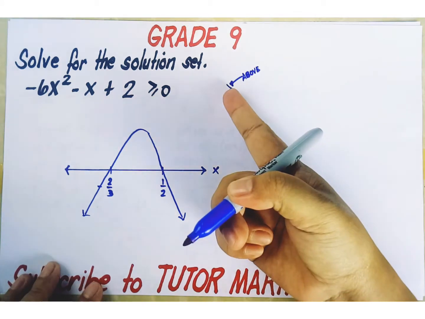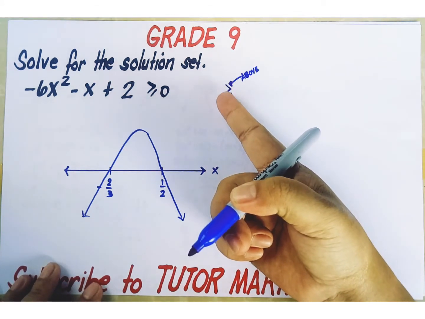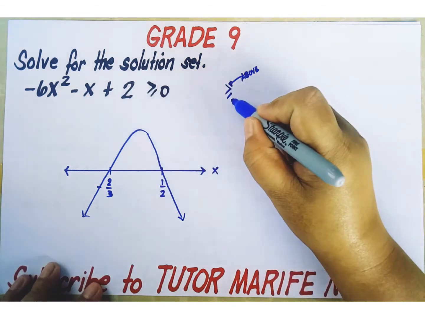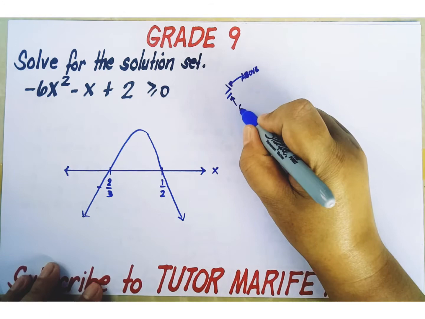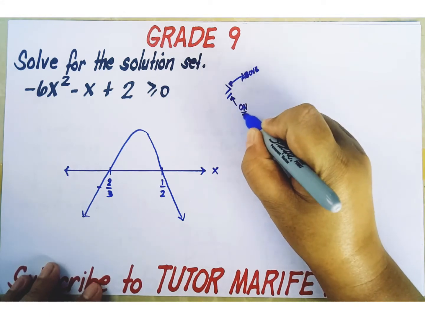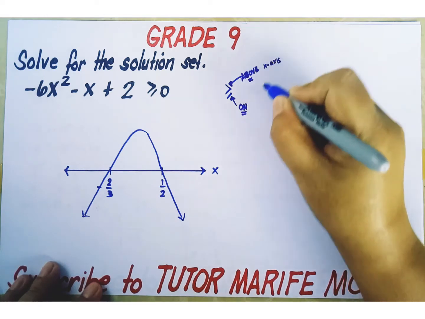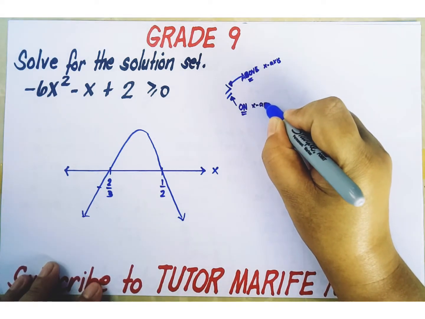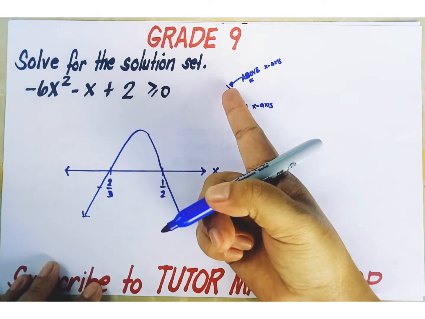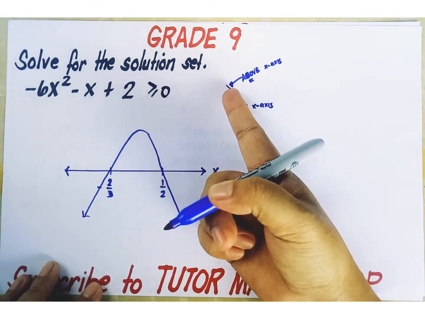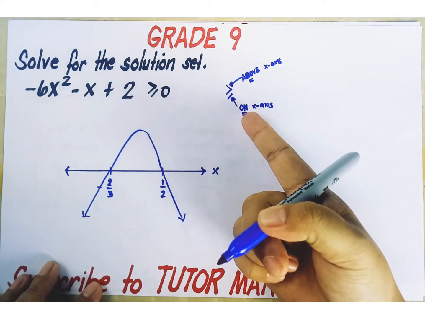The greater than symbol indicates all the points above the x-axis. The equal symbol indicates all the points on the x-axis. Remember, greater than is associated with above, less than is associated with below.